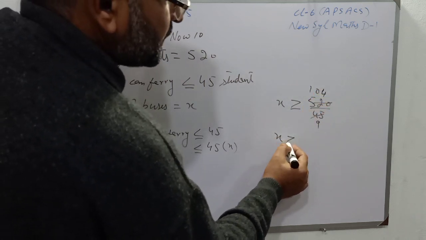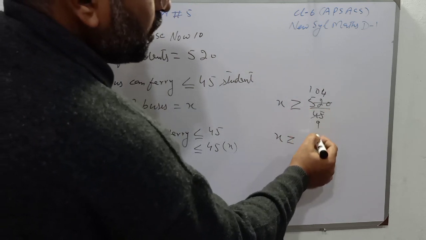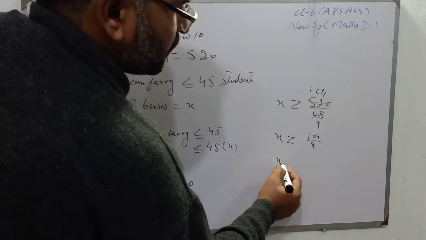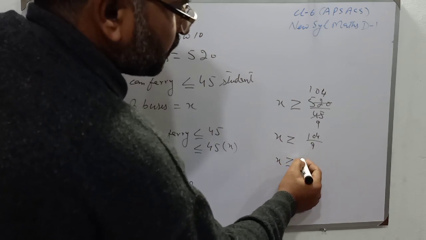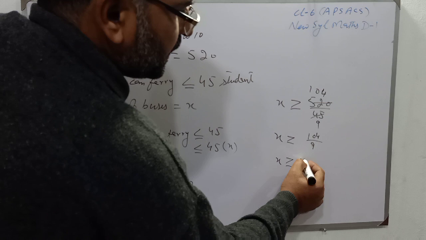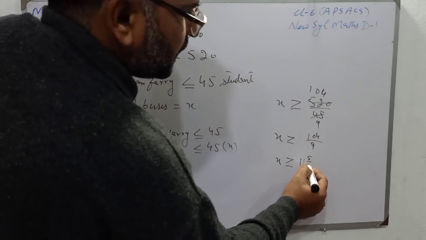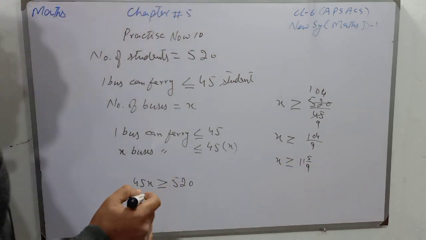And x is greater than or equal to 104 over 9. 9 1s are 9, 1 carry, and again 9 1s are 9, and 5 is the remainder over 9.